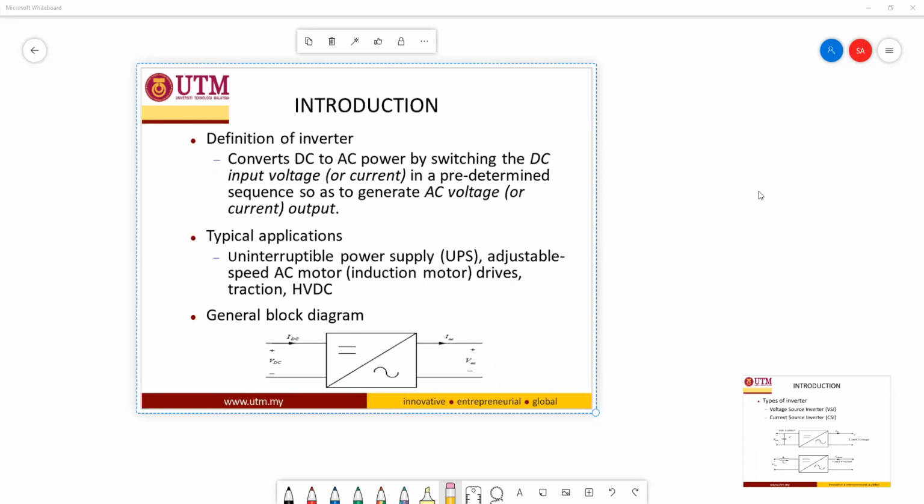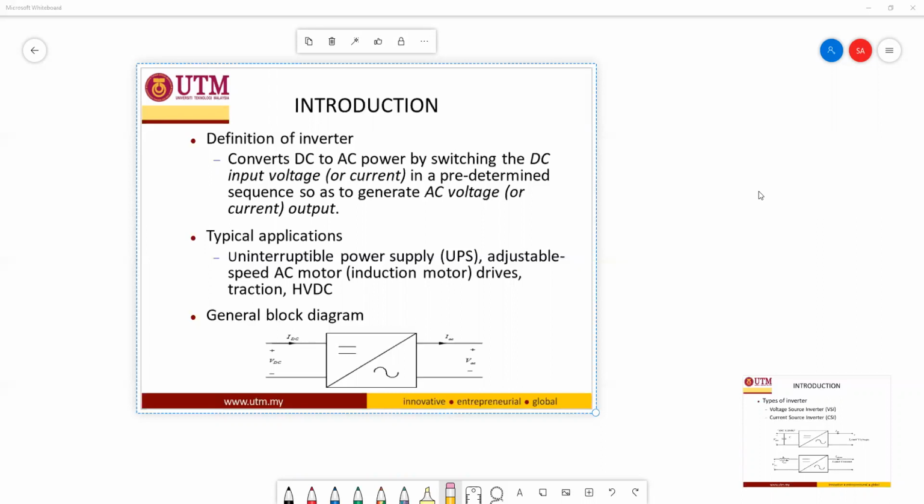So this is the inverter topic. The definition of the inverter, as can be seen from this slide, is that it converts DC power into an AC power by switching the DC input voltage or current in a predetermined sequence so as to generate AC voltage or current output.